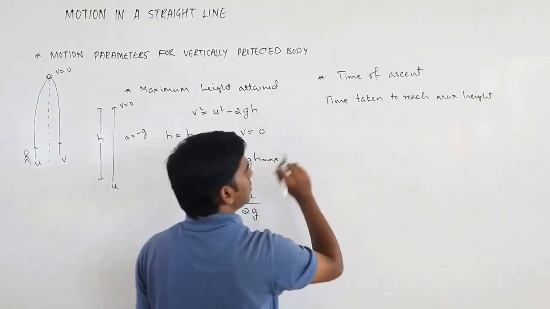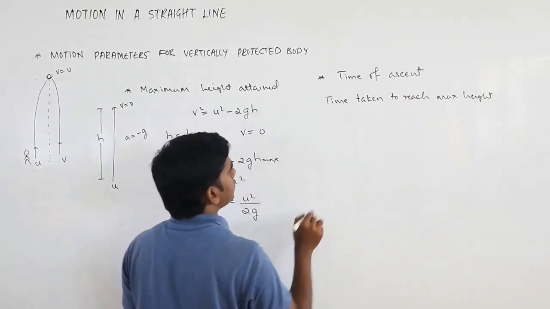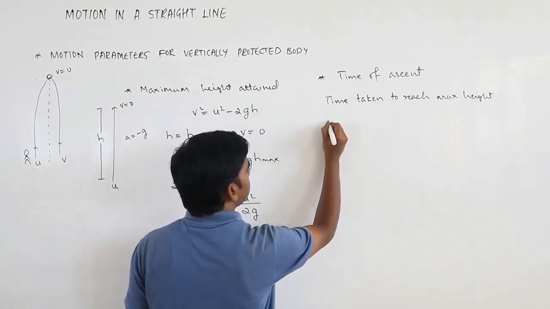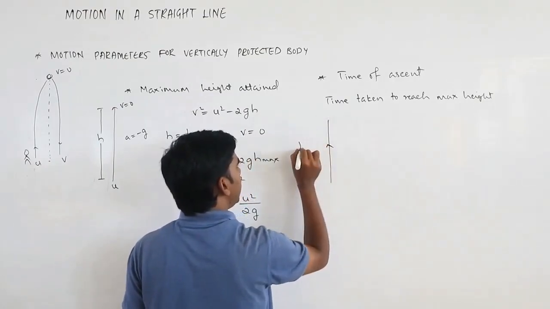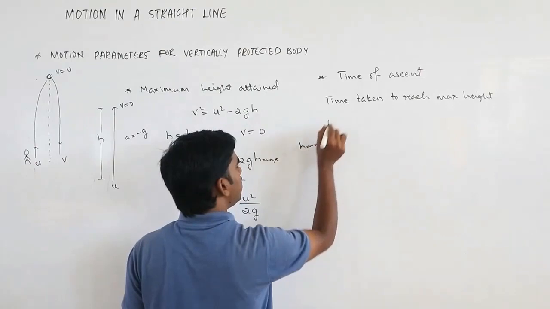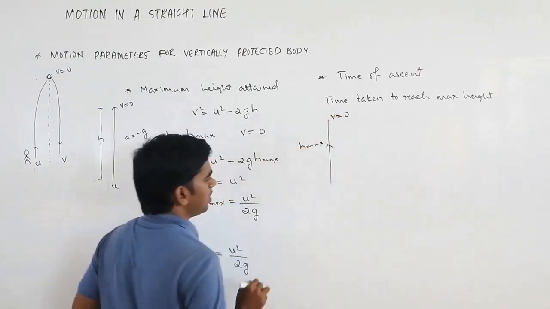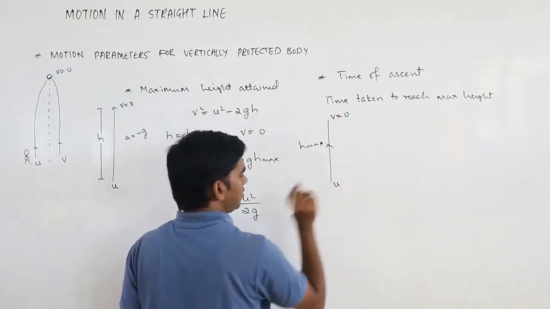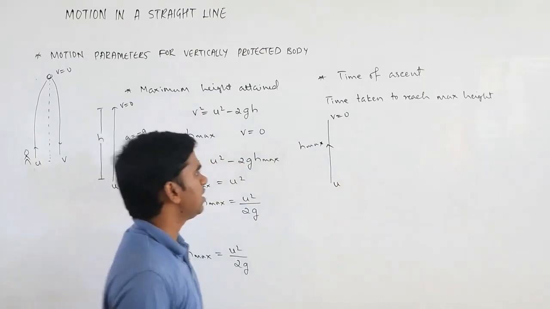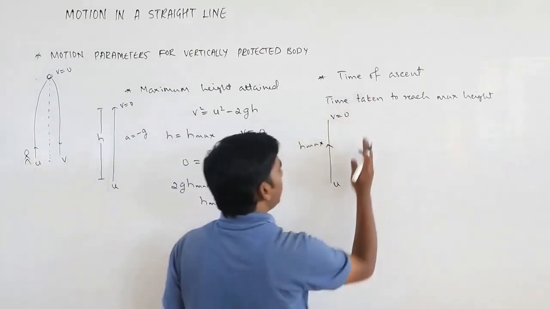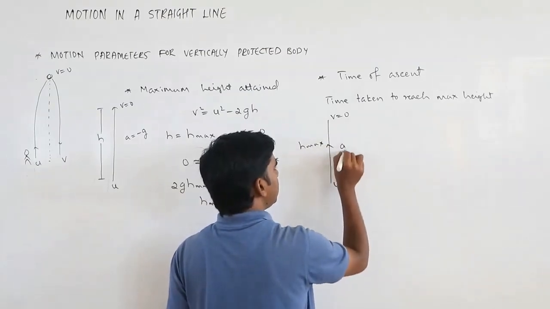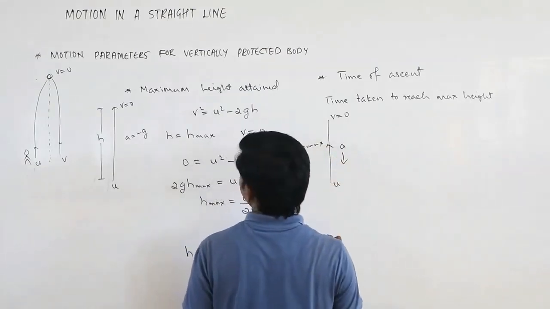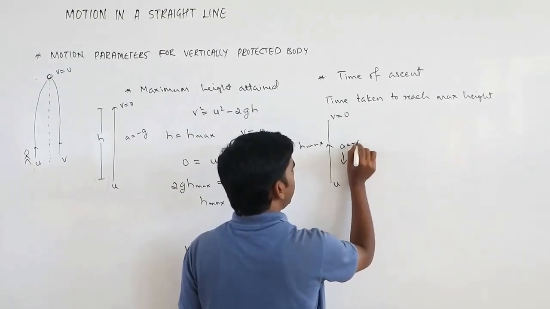So if you throw it, when it reaches maximum height, v equals 0. Then what about u? u is the initial velocity. It is moving upward, so the directions of velocity and a are different. a is in the downward direction here, so a equals minus g.